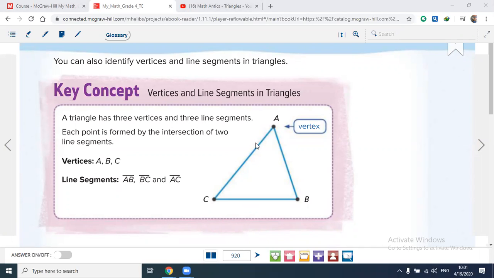I can name it by the vertices: triangle ABC, vertices A, B, and C. The lines that contain the triangle are called line segments. I have AB called a line segment, BC and AC. It has three sides or three line segments and three vertices, also called three angles. Vertex A means angle A, vertex B means angle B, vertex C means angle C.